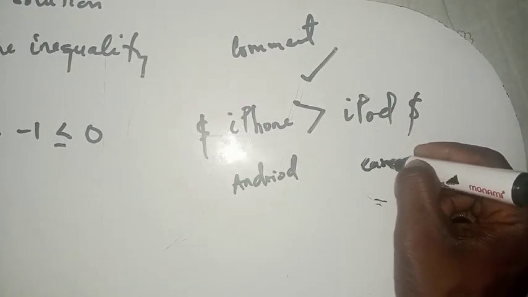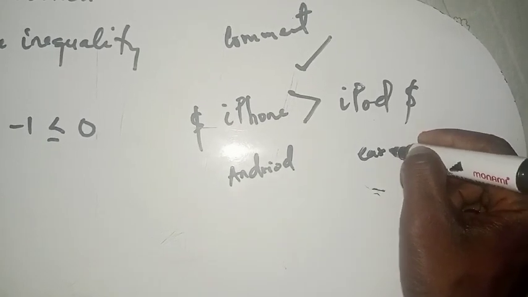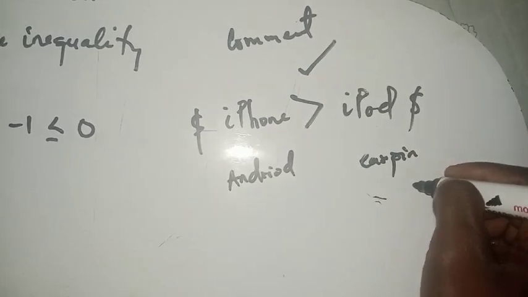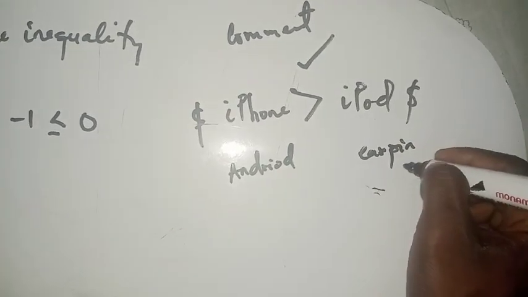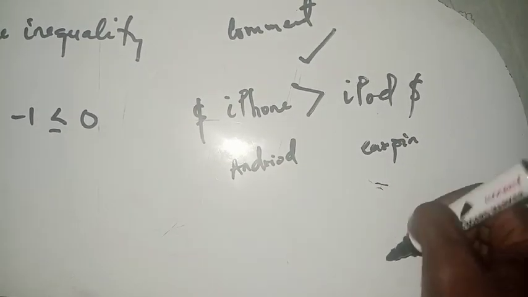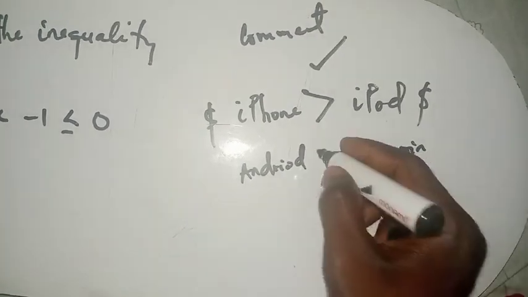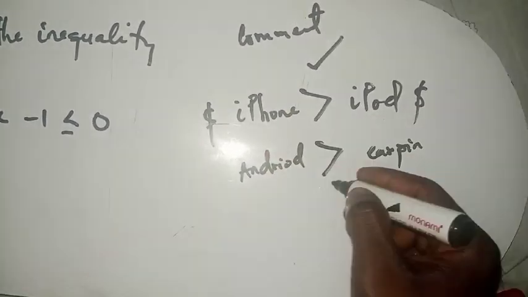I don't know how to spell that. I don't know if it's earpin or headset or something of that nature. But you get it, those with a wire, a cable connected to it. That's exactly what I'm trying to say here. So replacing that, this is what you're having.